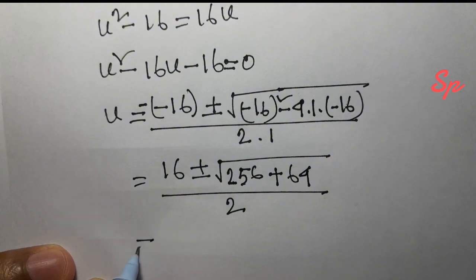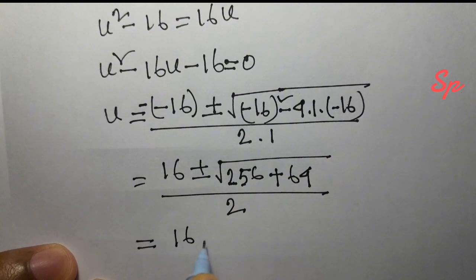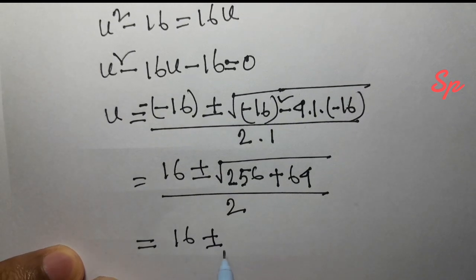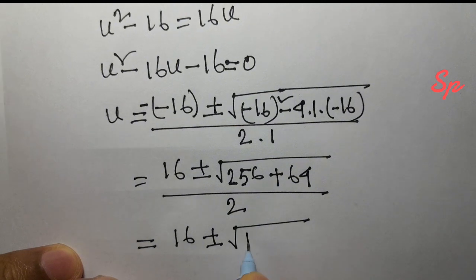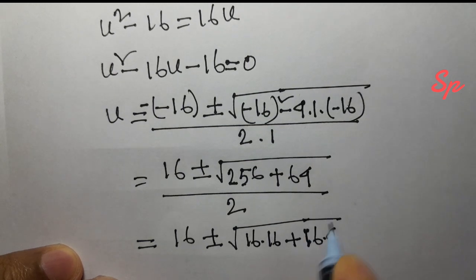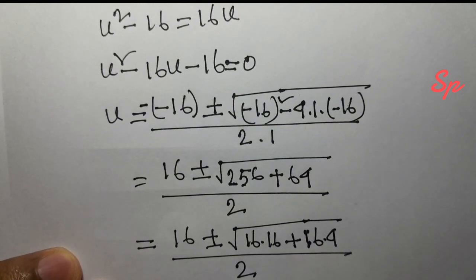Then we can write from this 16 plus minus root over 16 into 16 plus 16 into 4 by 2.